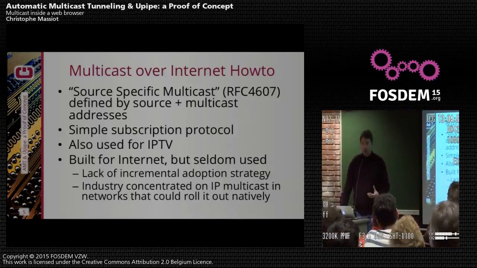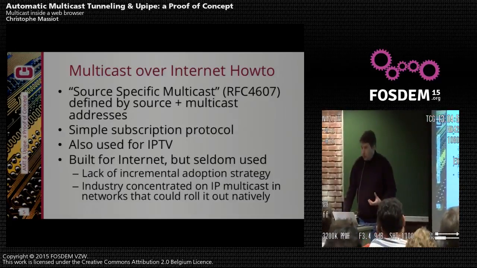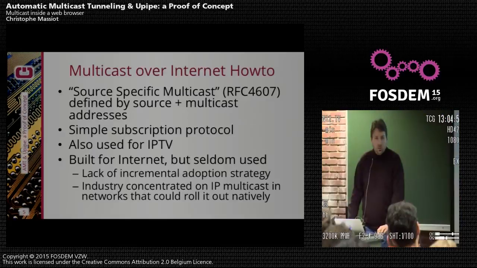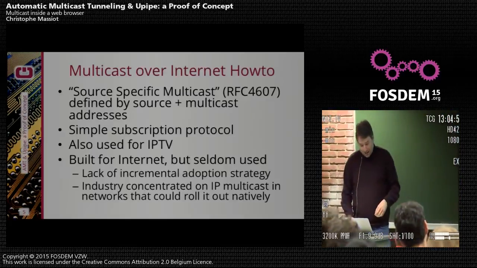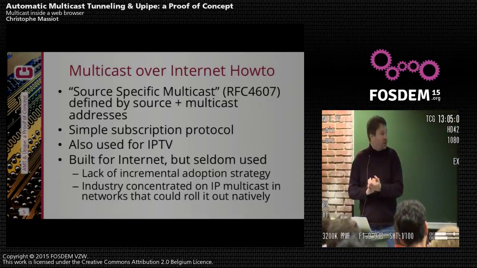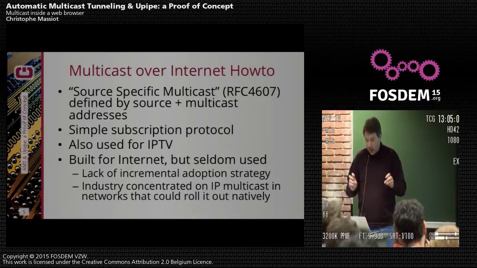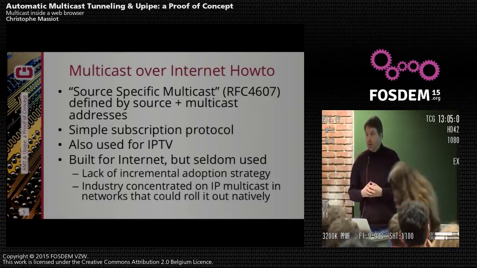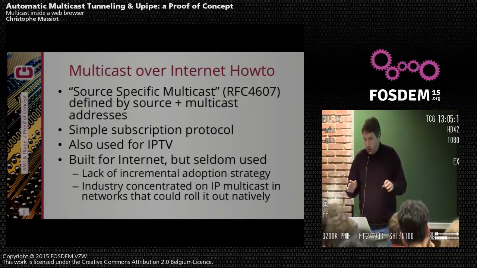As you can understand, it's also been built for the internet. But have you ever already seen a multicast stream on the internet? Probably not. So why? First reason, there was no incremental adoption strategy. Either you're on a multicast network and you get the stream, or you're not in a multicast network and you get nothing.